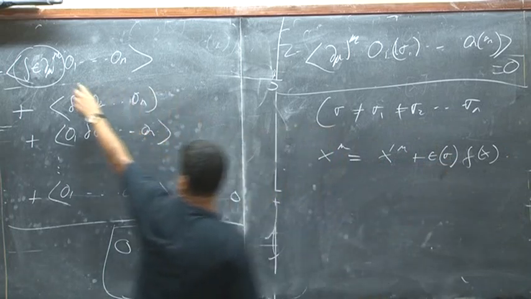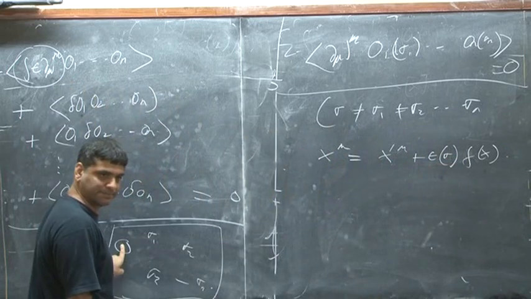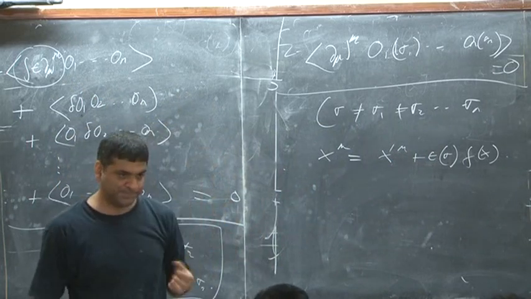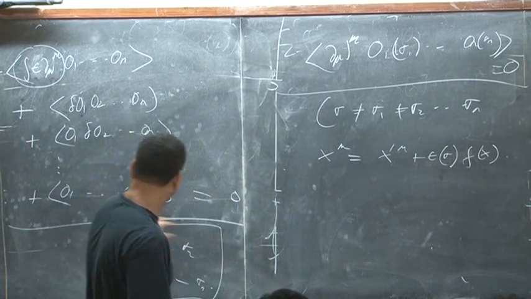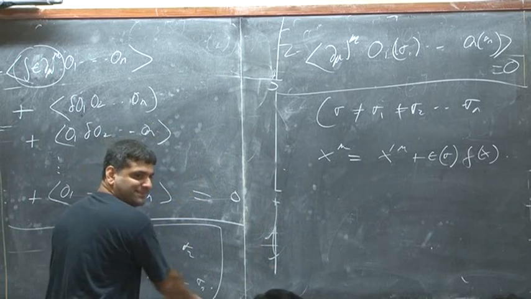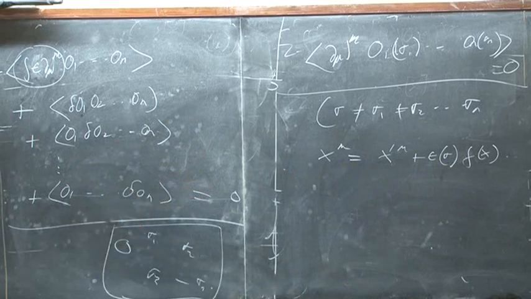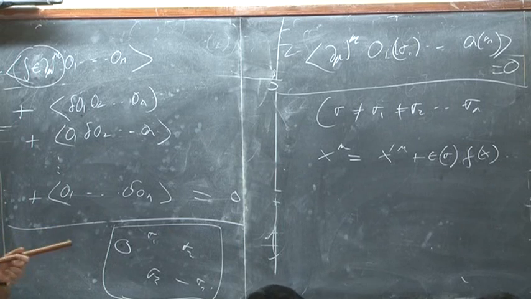Suppose I choose a point sigma that is separated from all of these others, and I choose my epsilon to be non-zero only away from all of this. Then there's no change in variables for the path integral for those insertions, so all the delta O's vanish. Is this clear?